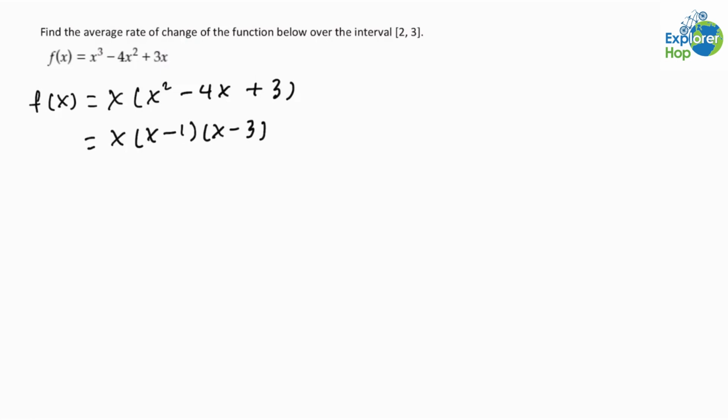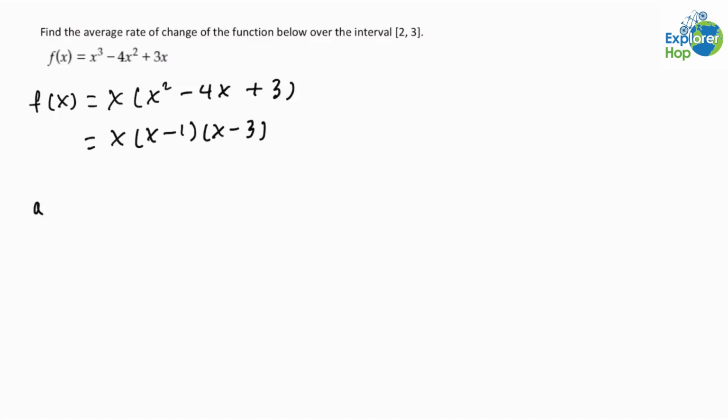Now, to find the average rate of change over this interval, we want to find the slope of the secant line passing through the points 2, f of 2 and 3, f of 3. We already know that the slope of the secant line, or average rate of change, is given by this formula.